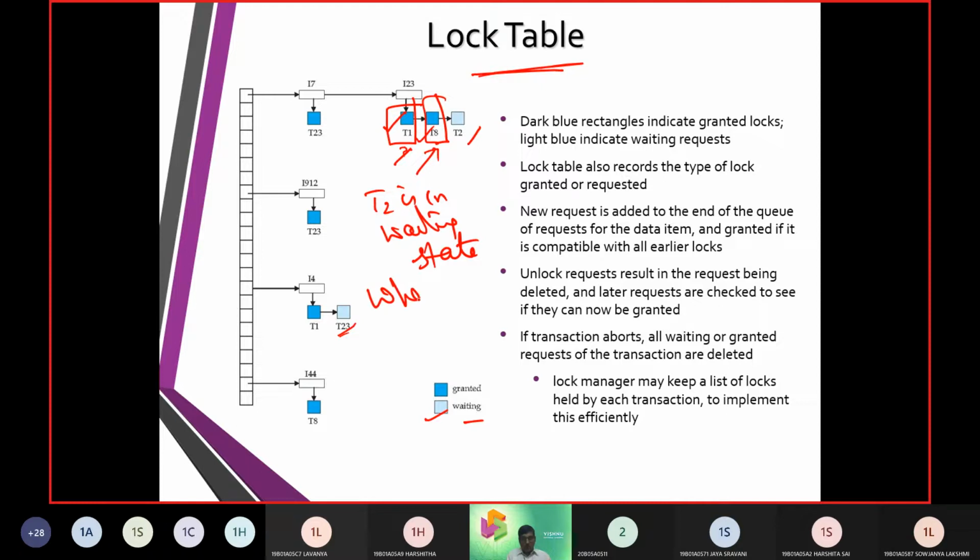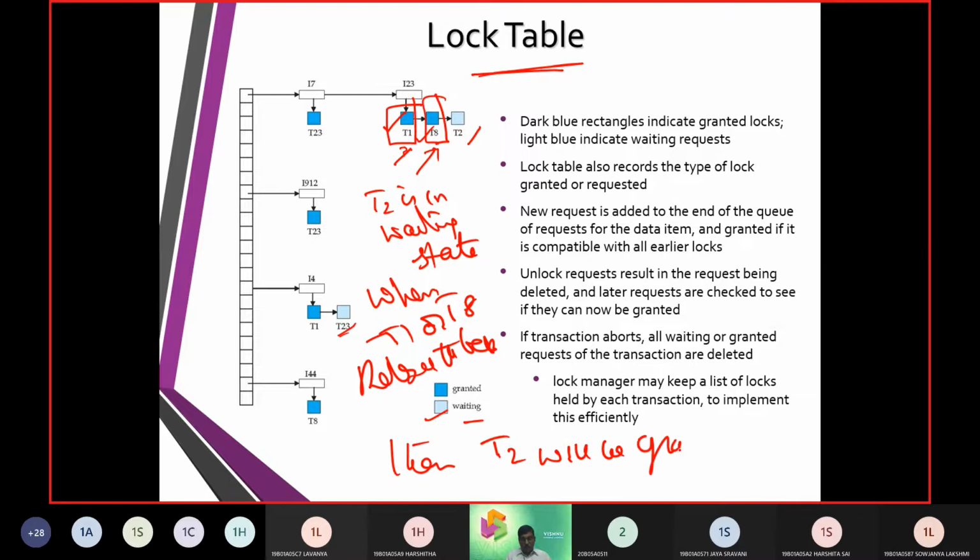When T1 or T8 releases the lock, then T2 will be granted the lock. When there is a lock, you can make a read or write operation. That is up to the device, what it needs to take up.